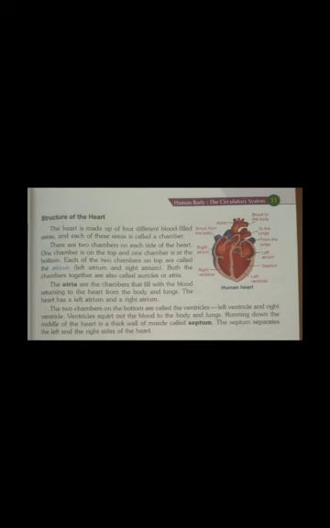right? The blood carries all the nutrients and the oxygen in it and transports it to various parts of the body, right?